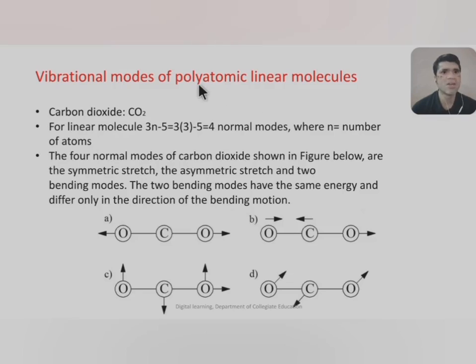So let us take one example, that is carbon dioxide. Carbon dioxide is a linear molecule. It's a polyatomic linear molecule. So for this, 3n minus 5, that is 3 into 3, 9, minus 5, 4 normal modes of vibration will be present, where n is the number of atoms.